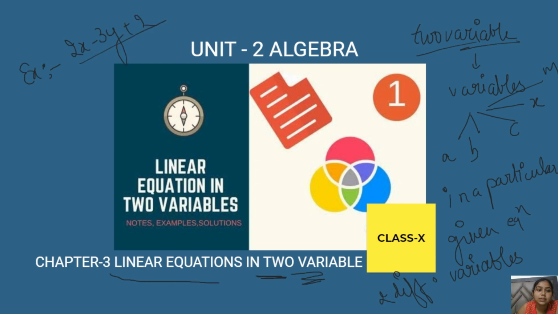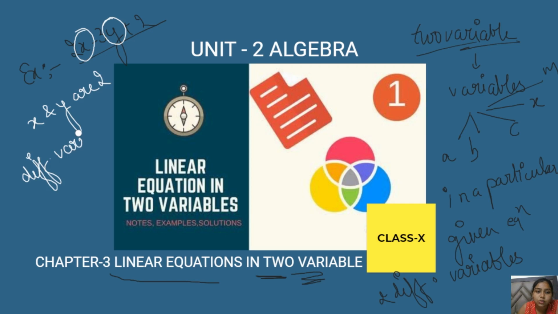As you can see in this equation, it has x as a variable and y as a variable. So x and y are two different variables present in a single equation, right? That is why this is known as a linear equation in two variables.